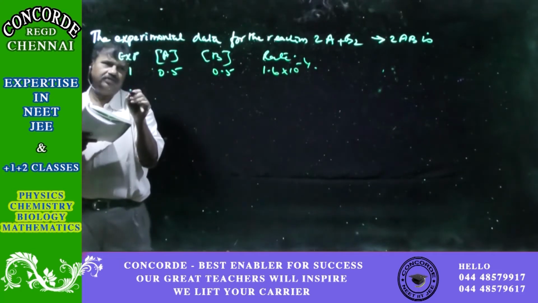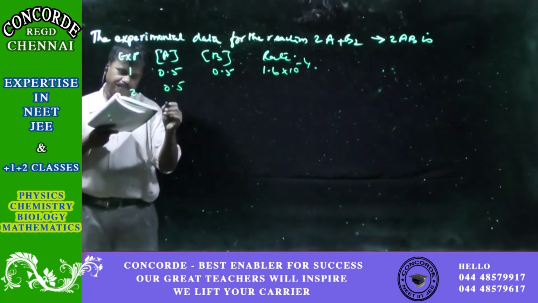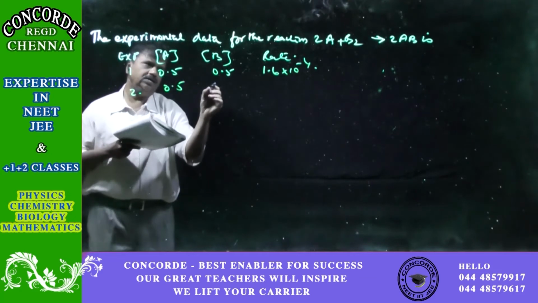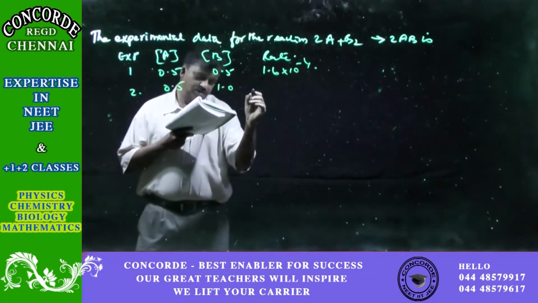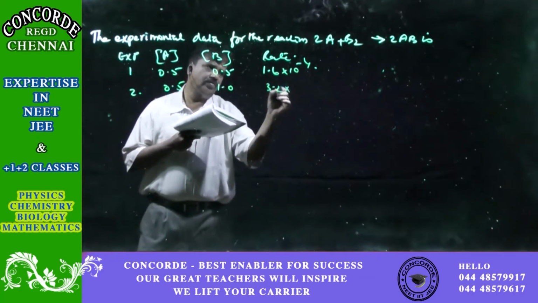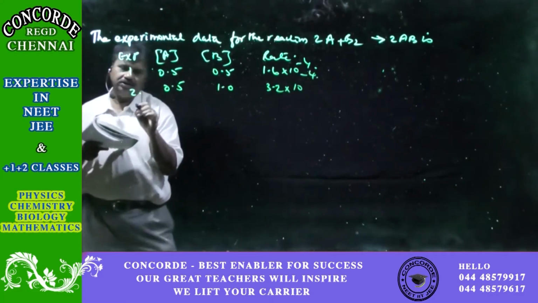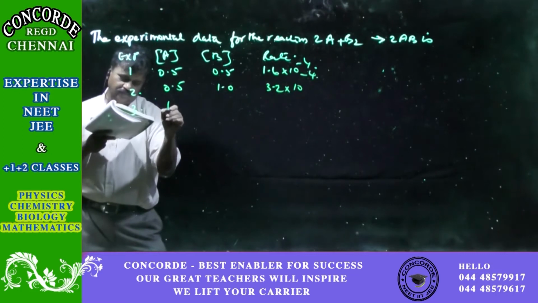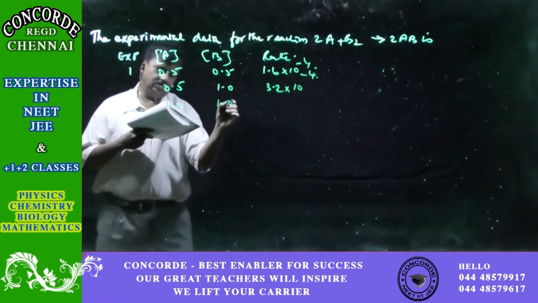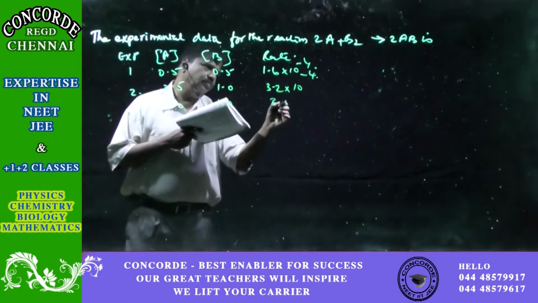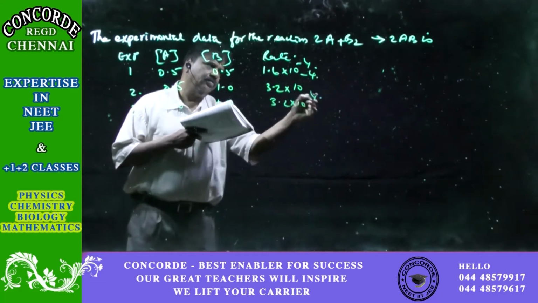The second is 0.5 and 1, and this is 3.2 into 10 power minus 4. The third experiment is 1, 1 and 3.2 into 10 power minus 4.